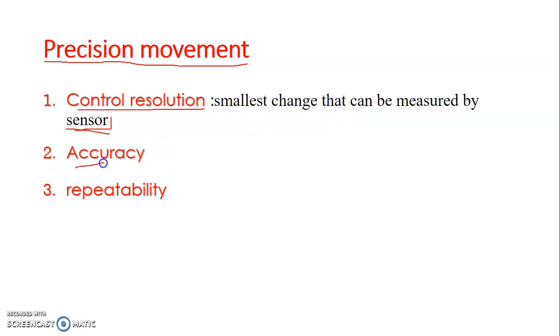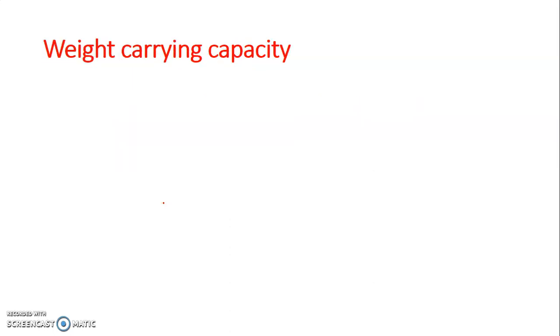And accuracy: the robot should be accurate in doing the work. And repeatability means if you do any work repeatedly, there should not be more errors. Error should be minimum. If you do one task repeatedly, there should not be error. It has to do the work perfectly without any error. That is called the repeatability of the robot.